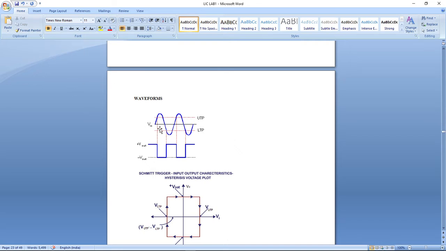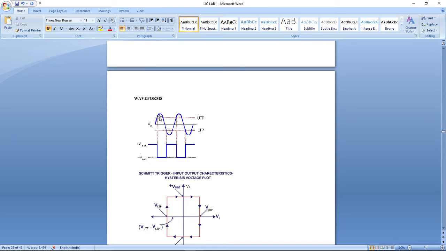Upon combining both input waveform and output waveform, we can observe that the square wave output waveform will exactly intersect with the input sine waveform. Where the output waveform and input waveform intersect at a point above the reference line, that intersect point is said to be the upper threshold point.